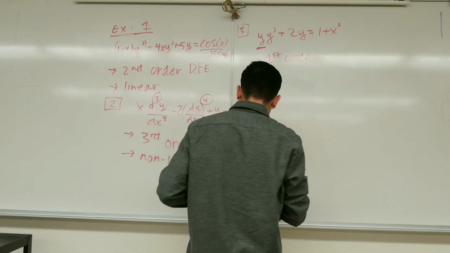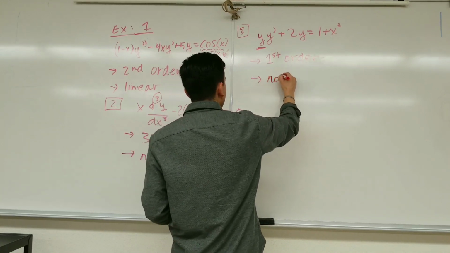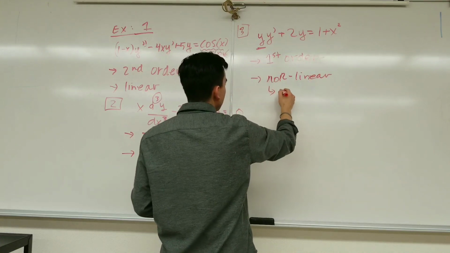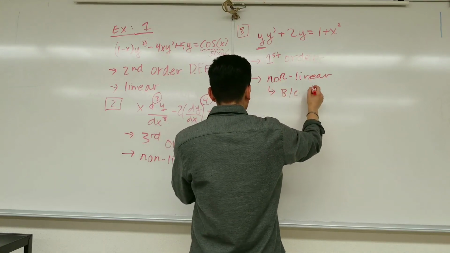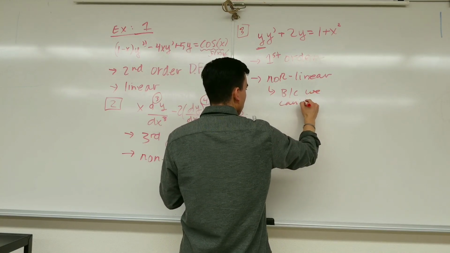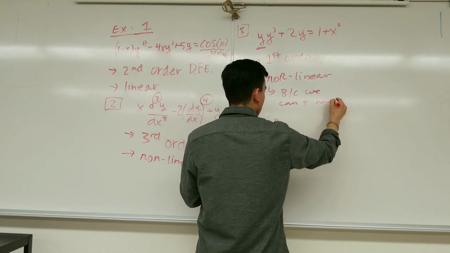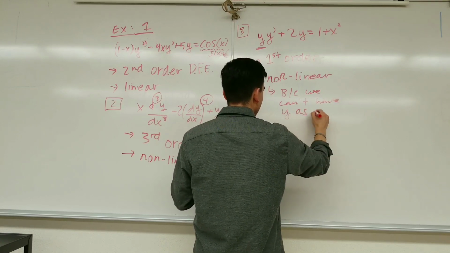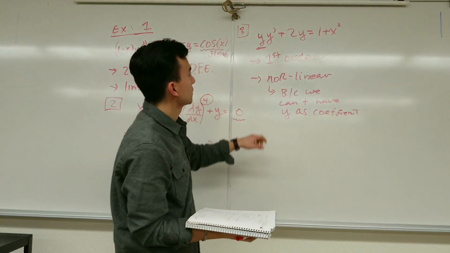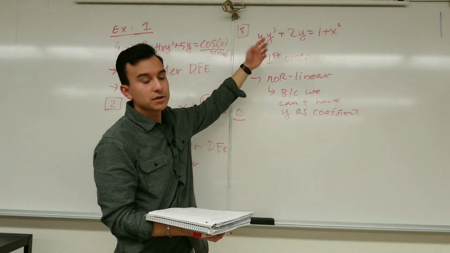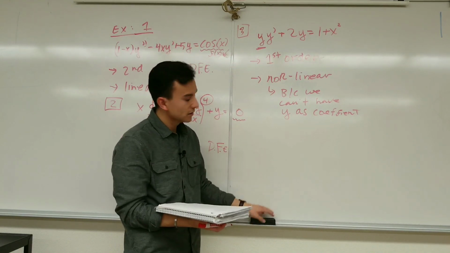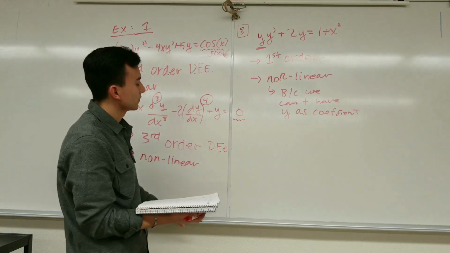So that's going to be nonlinear. So why is that? Well, because we can't have y as a coefficient. You couldn't have x as a coefficient either. You'll figure out y later. So that's just seeing it for right now.